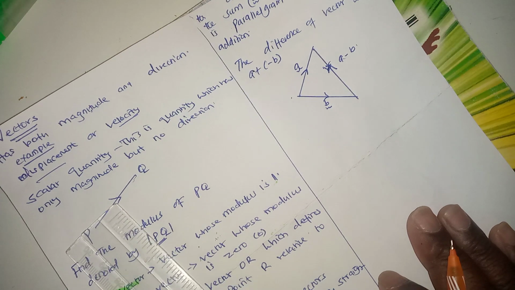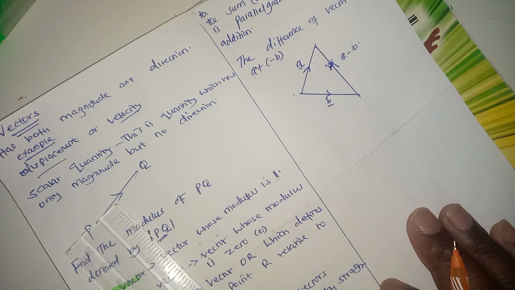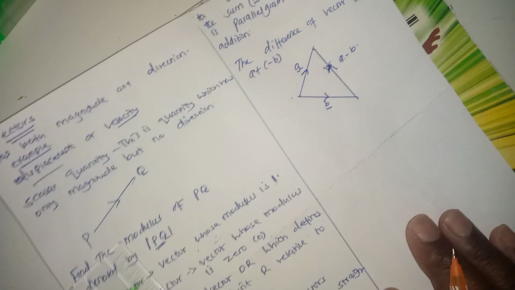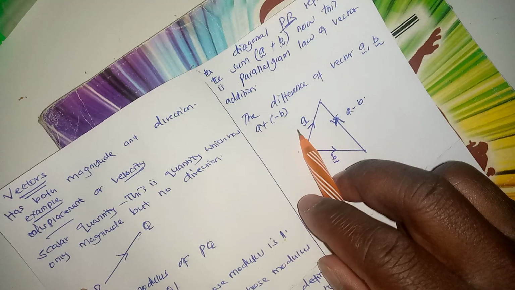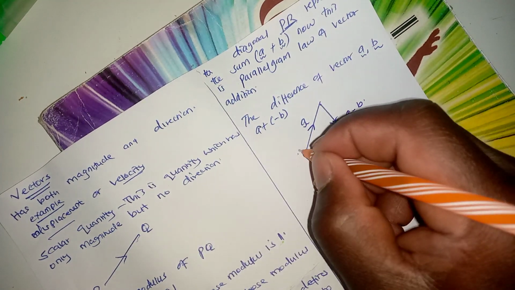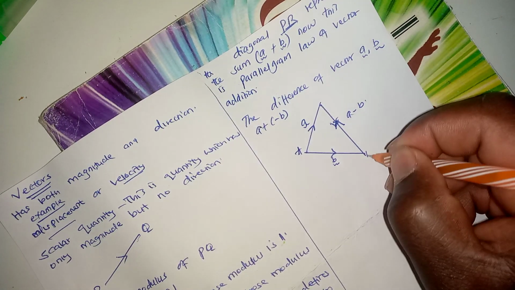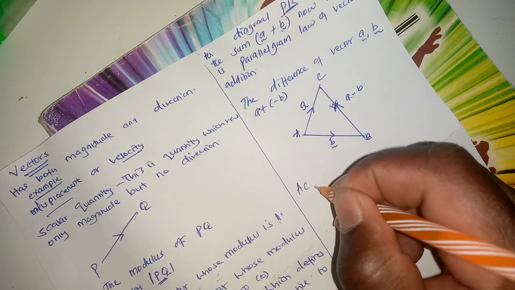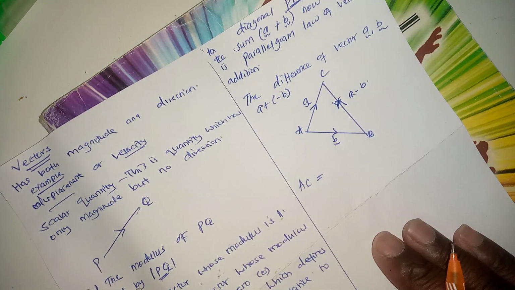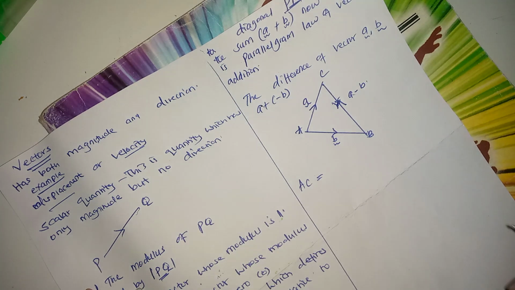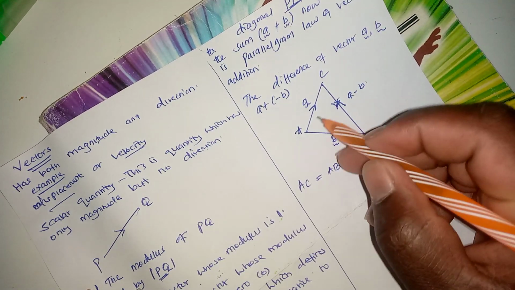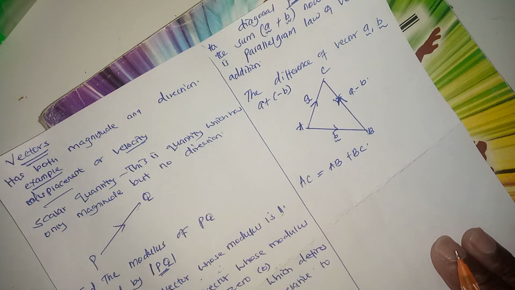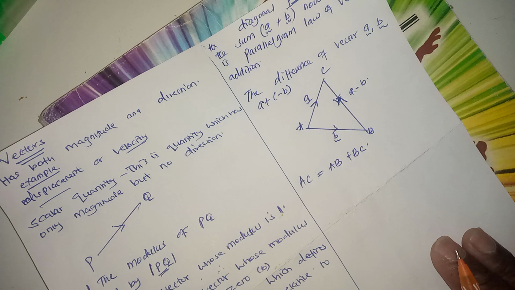Now that we have seen that, the triangle law may be extended to cover the sum of it. Now we can come and call this A, B, C. Now AC is equal to AB plus BC, but from the right angle triangle rule this is not applicable here.